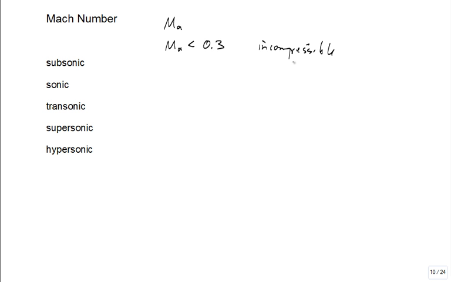All right. If subsonic, all that means is the Mach number is less than 1. What does sonic mean? Mach number is equal to 1. What does transonic mean? Well, it's around 1. A little above, a little bit below, but it's not significantly below and it's not significantly above. What is supersonic? It's greater than 1.